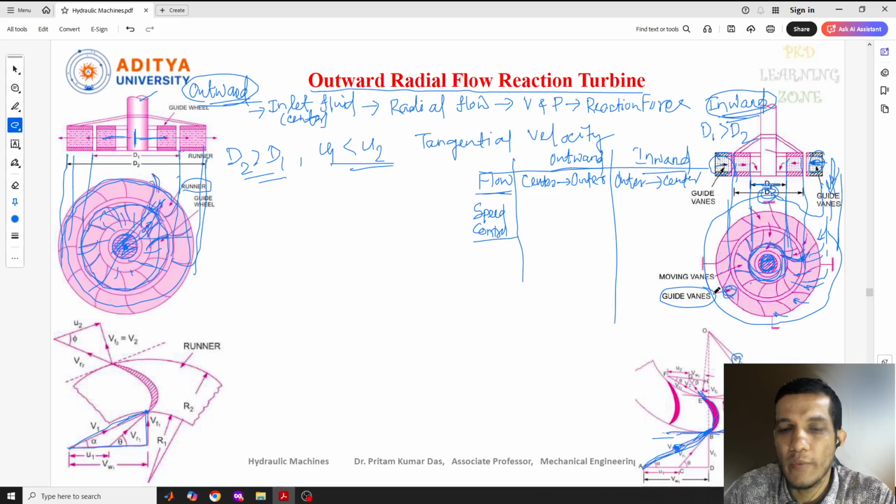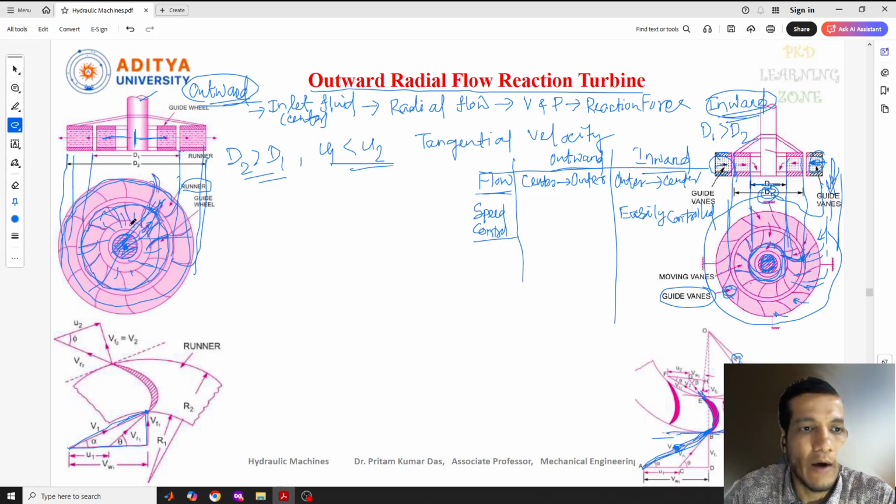As I told you in the previous lecture also, the guide vane will be present here to control the fluid flow, in the sense that it will control the velocity of the fluid. So at this point we can easily control the fluid. We can easily write here control.